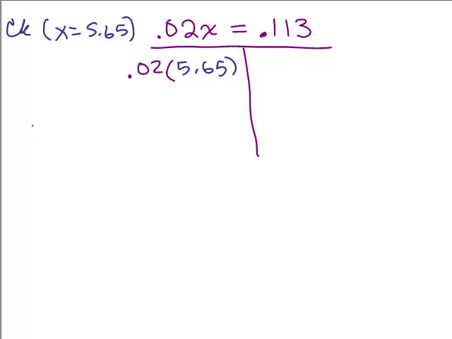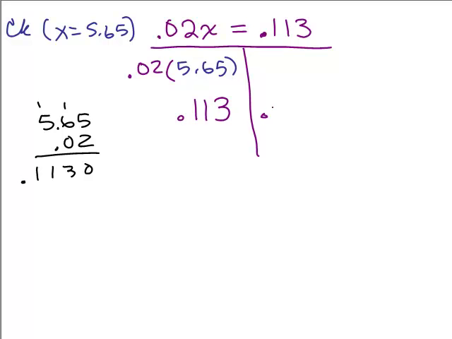So here's our scratch work. 565 times 2, that's 1130, but it really was 5.65 and 0.02, so we'd have to move the decimal 4 places total to 0.113. So this is 0.113, and that's what we had on the other side as well. So that means our solution is 5.65.